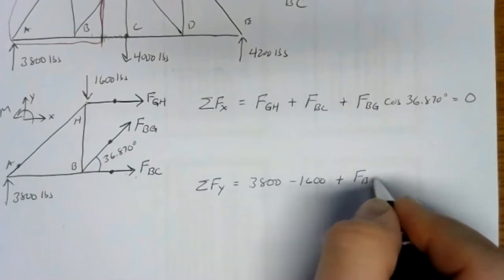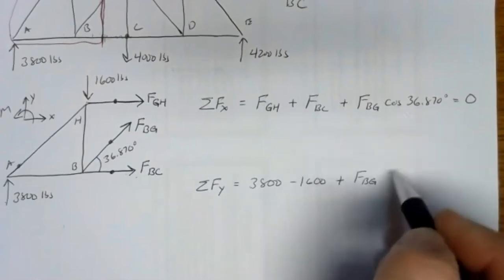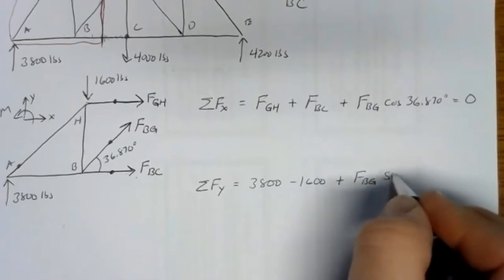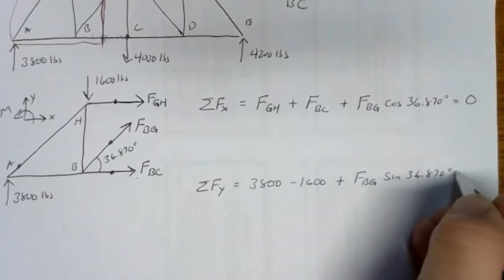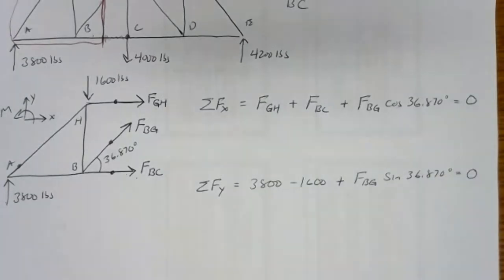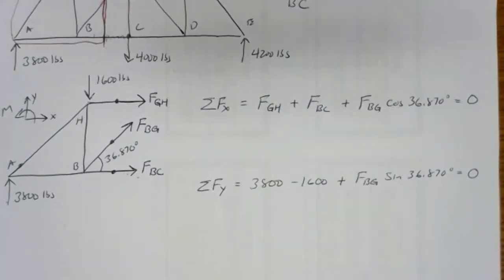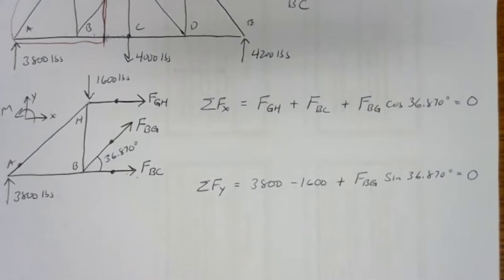It's FBG times sine of 36.870 degrees. Well, that's looking a little better. That only has one unknown. It's been a while since we had a y direction equation with only one unknown. So we've got something there that we can work with.